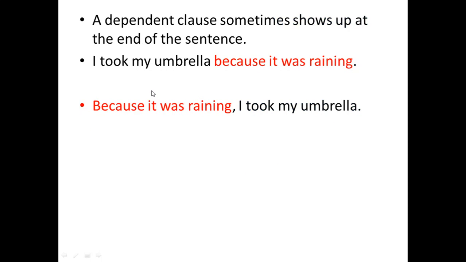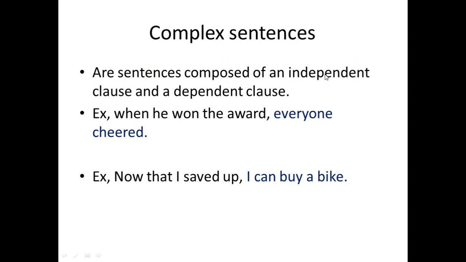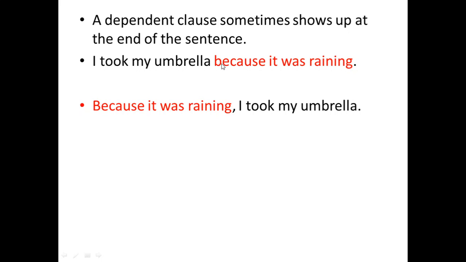Look at this. A dependent clause sometimes shows up at the end of the sentence. Just like this example: I took my umbrella because it was raining. So guys, unlike the previous sentence, where the dependent clause came at the beginning, here it came at the end of the sentence.